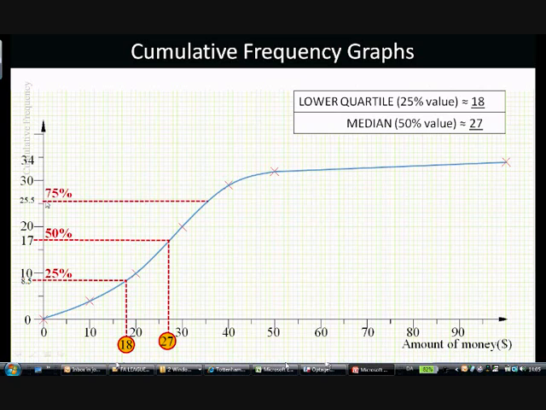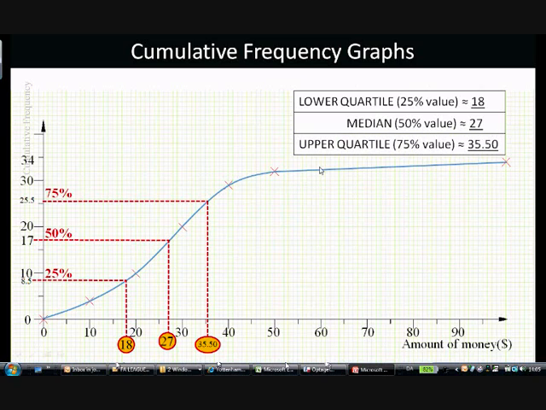Now, similarly at the top, 75% of 34 people, or 3/4 of 34 people, makes 25.5. So 3/4 of the way up the group, or 75% of the way up the group, is person number 25.5. And that person from the graph has about $35.50.